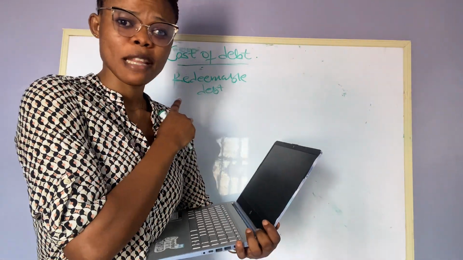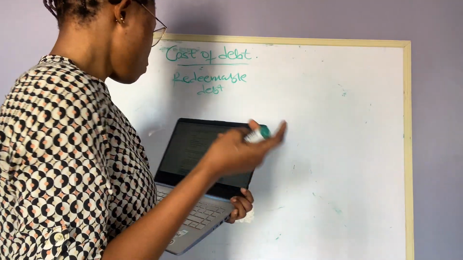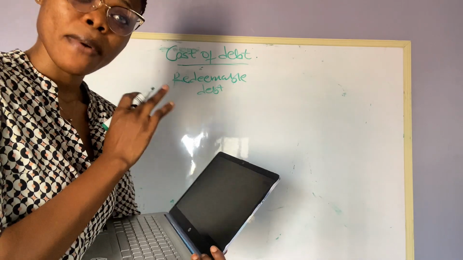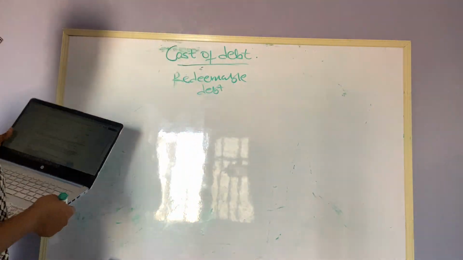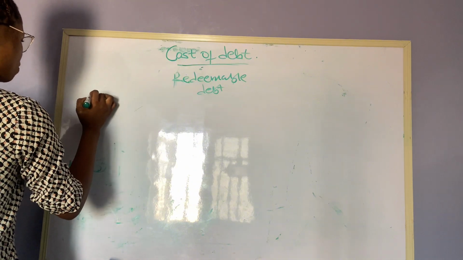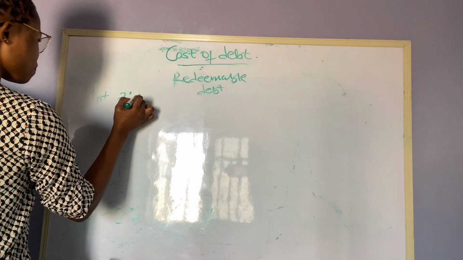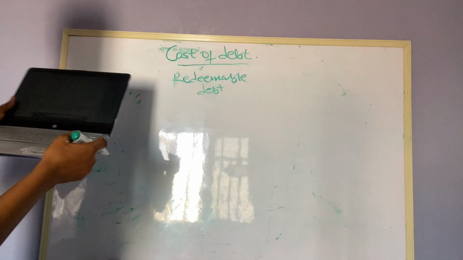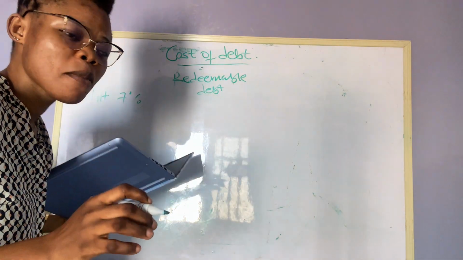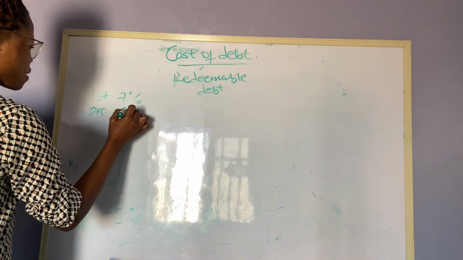In the elements that I wrote earlier, I said interest rate, market value. So let's list out our ingredients. We have the 7% bond, that's interest of 7%, and a premium of 5%.